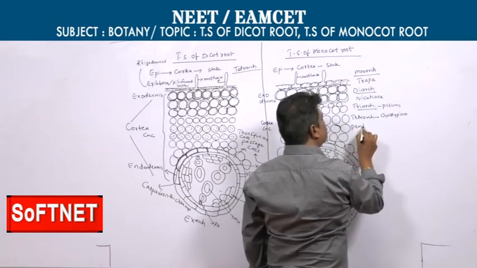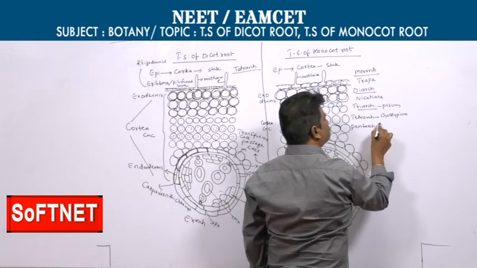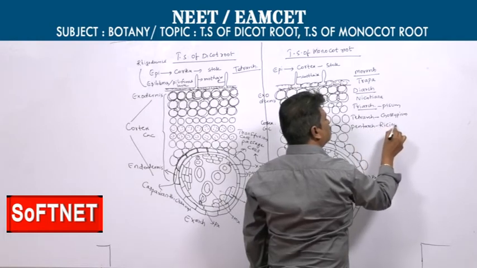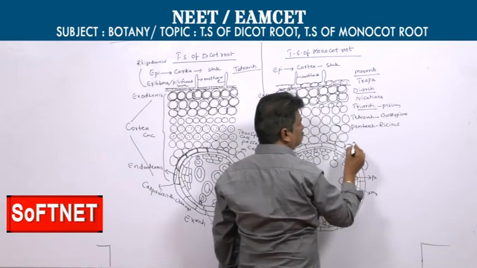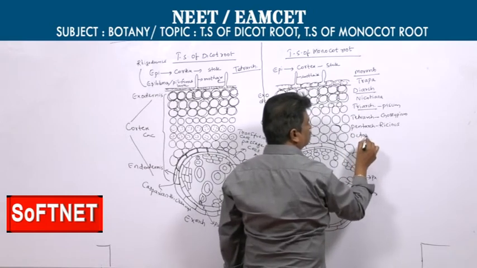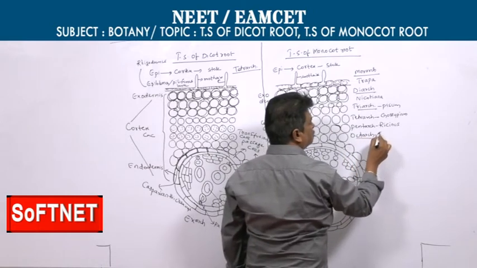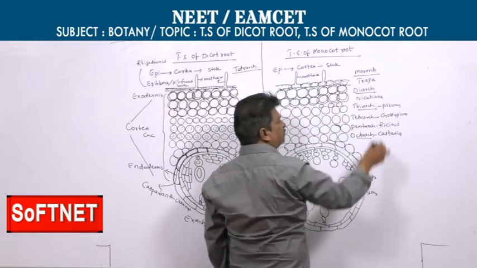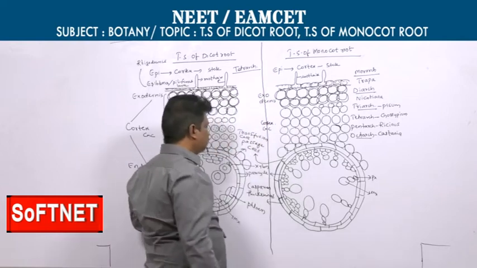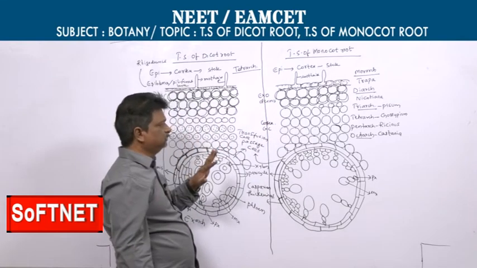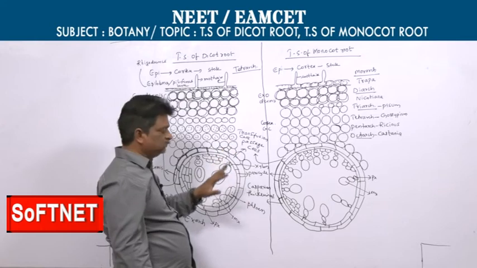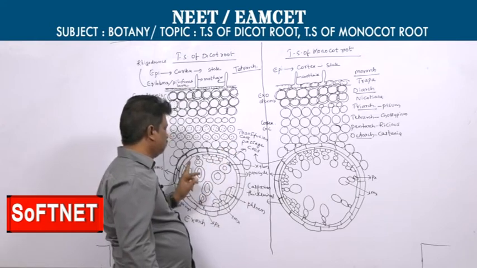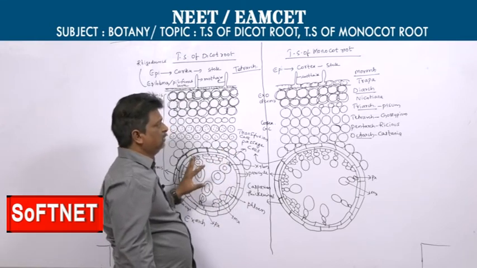Pentarch, 5 vascular bundles, example Ricinus, castor. Octarch, 8 vascular bundles, example Castanea. These are exceptional in dicots, but most common is tetrarch. But here it is triarch, 3 vascular bundles.